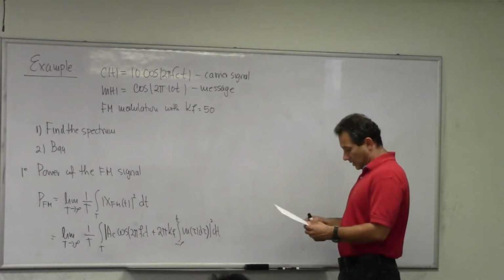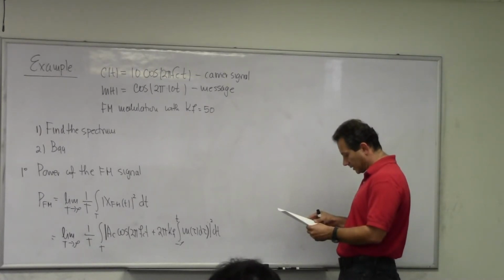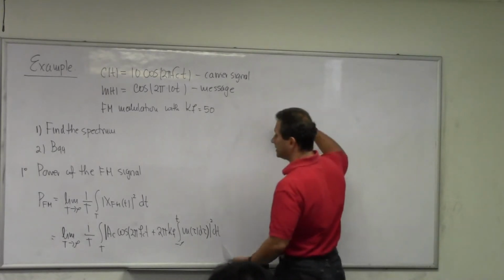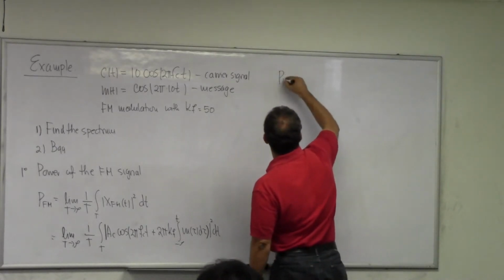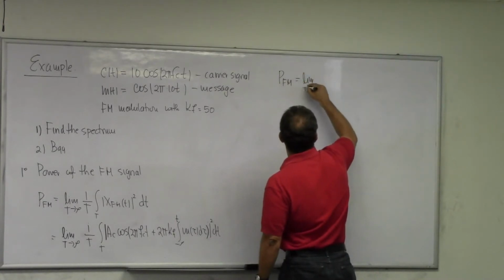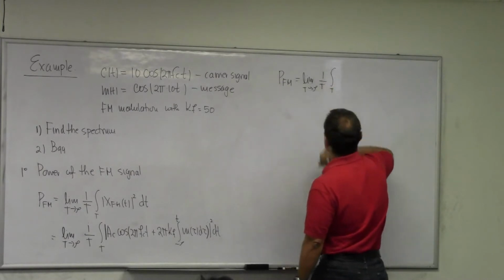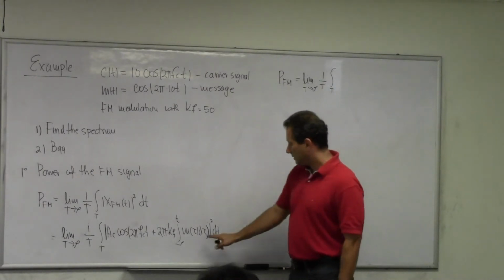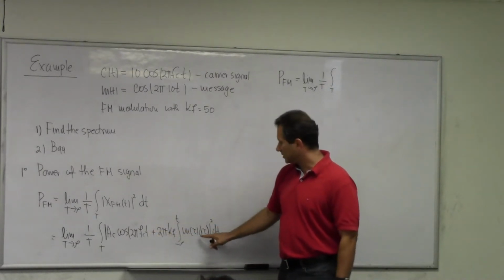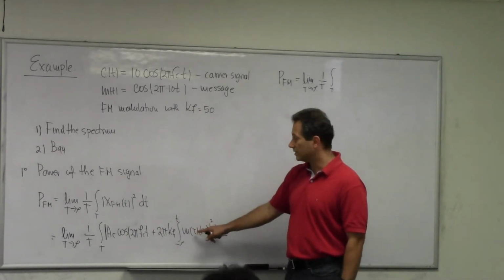All right, so this simplifies quite a bit. So I can say that this PFM, the power of the FM signal, is going to be the limit when t goes to infinity, 1 over t, integral over t. Now this is a real signal, so this magnitude doesn't change anything. This is the square of the real signal.